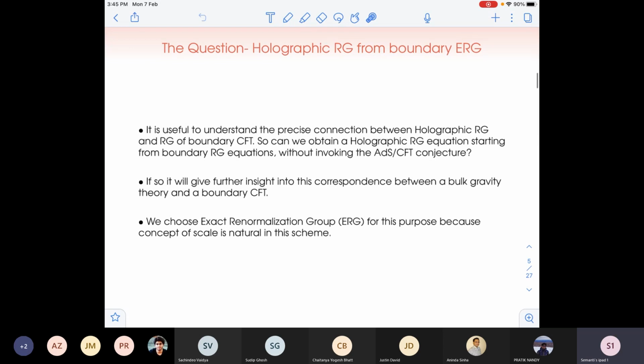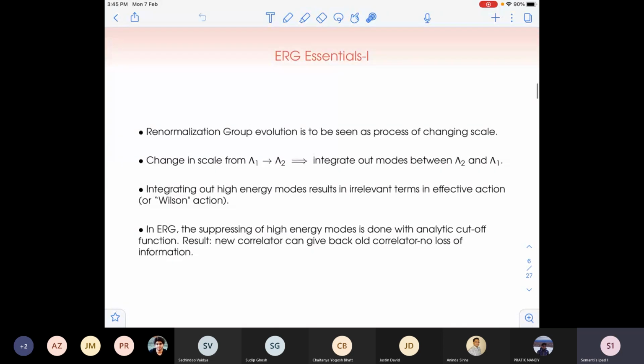So at this point, I will tell a little bit about what ERG is. In the old days, removing infinities from the correlators is now to be seen as a process of changing scale, where instead of taking the UV cutoff to infinity, we put two finite cutoffs in the theory, like lambda naught and lambda, where the theory is flowing from lambda naught to lambda.